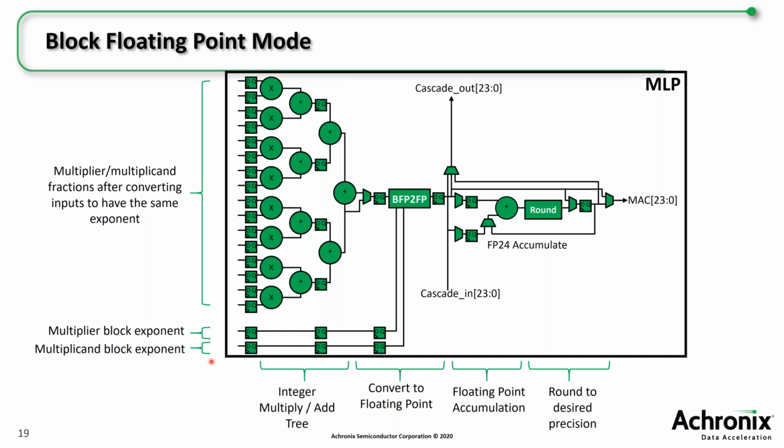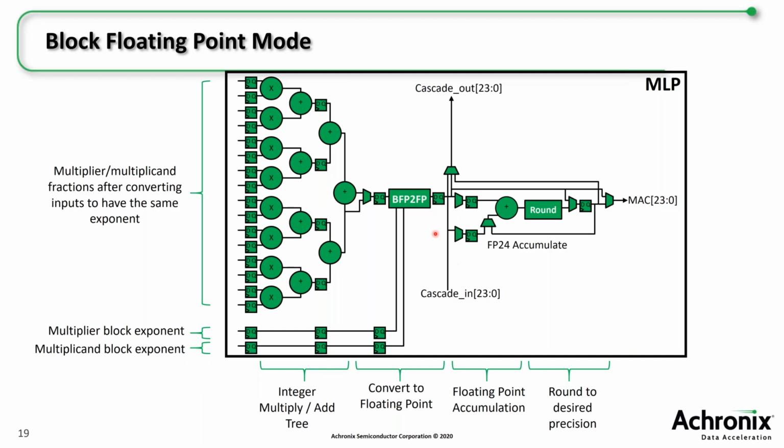The new part is you've got these 2 exponents coming in, for your 2 different operands. And then simply by summing them together, after some registers have been included as pipelining stages to balance the pipelining, you then have this exponent to then go into this floating point FP24 accumulation. So that's then the second part on the right-hand side, which is doing the accumulation of the value.